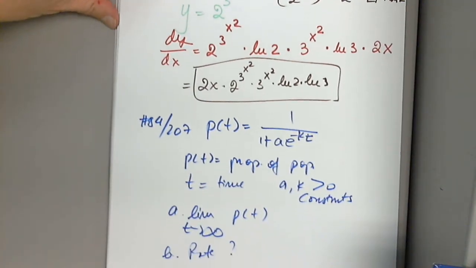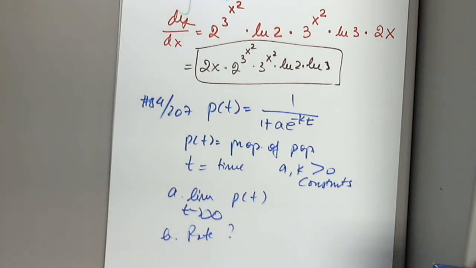So one more time, let's go back. We're given a function. What type of function is it? It's a combo. Yes, I would definitely say it's a combo of a rational function with exponential. Not a simple situation at all. We're told this function represents proportion of population. t is time.